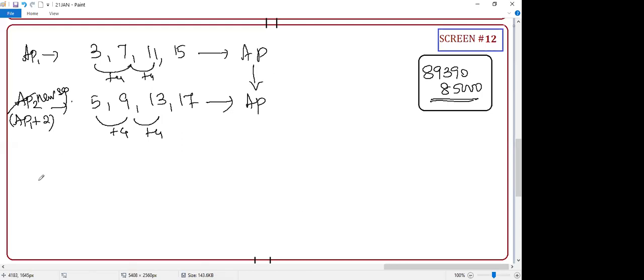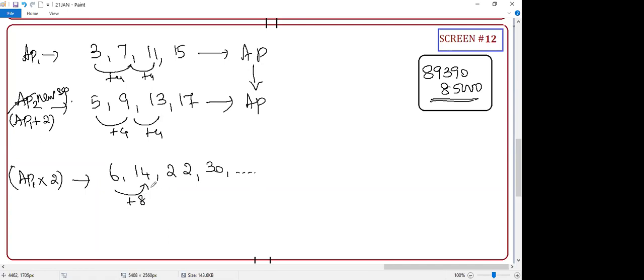Can we do one more AP, that is AP1 into 2? What will you get? 6, 14, 22, 30. Guys, what's happening? Is this AP or not? Check that first. Which number is getting added?